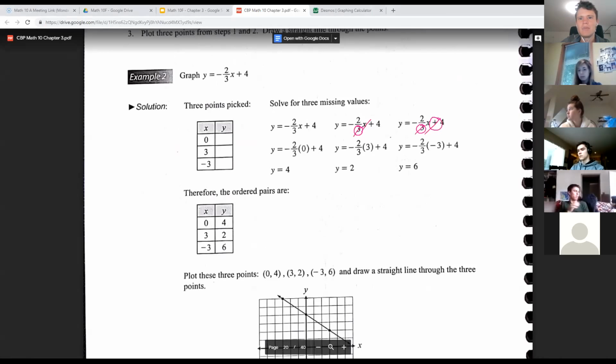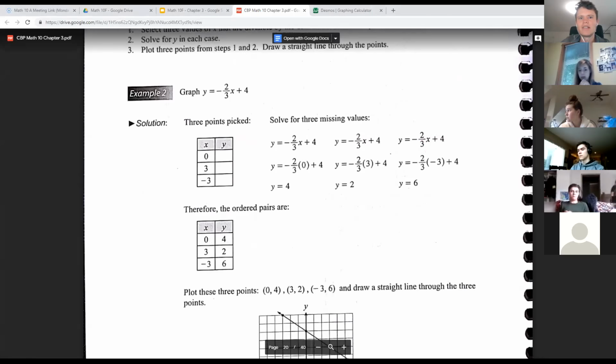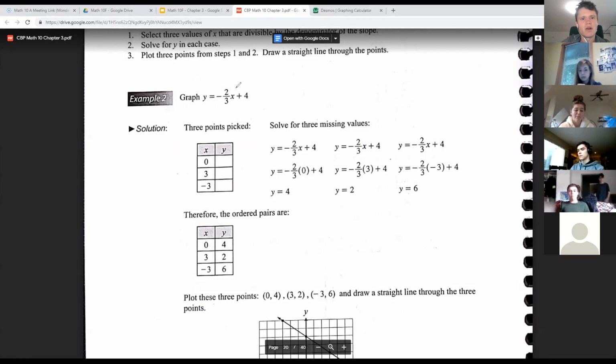Okay? So that means when you're dealing with an equation like this, you can pick any x values you want, but primarily, please pick x of 0, and then pick things like this. You can pick x of 3, 6, 9, 12 if you want, right?